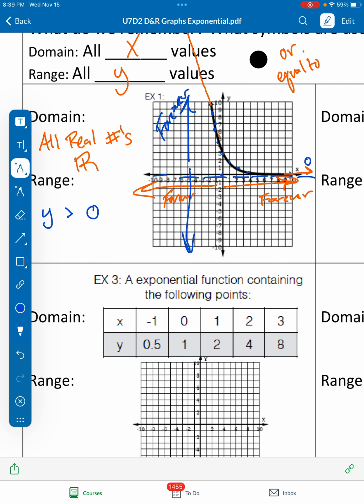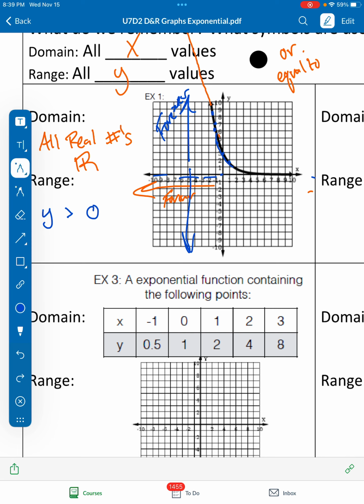The answer is no, you should not, because remember, the line that comes down here will never ever touch the asymptote. We talked about that yesterday. It definitely looks like it touches the x-axis.